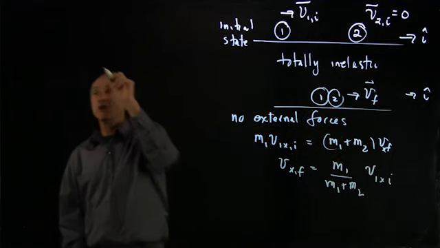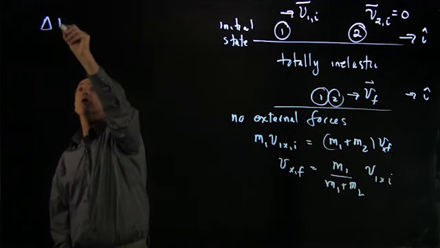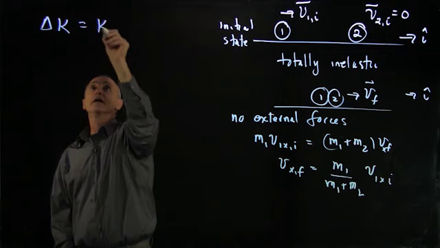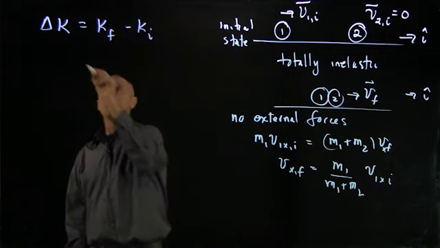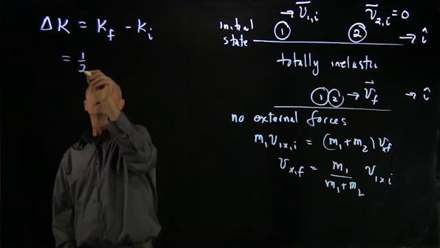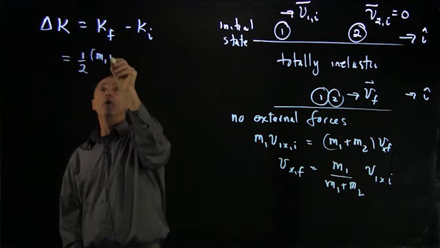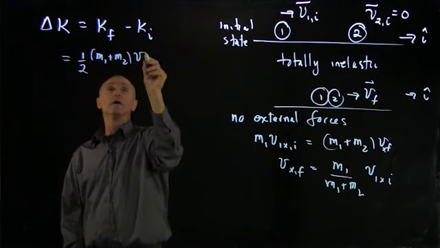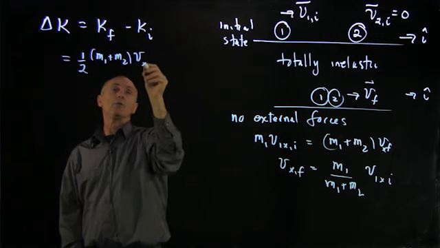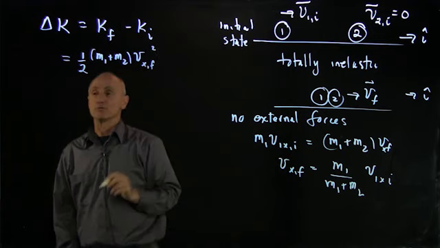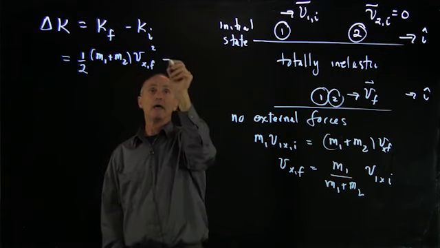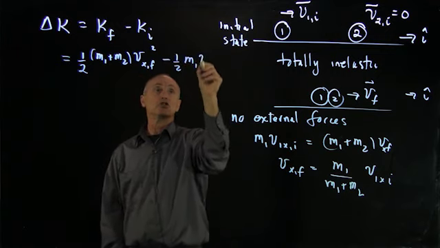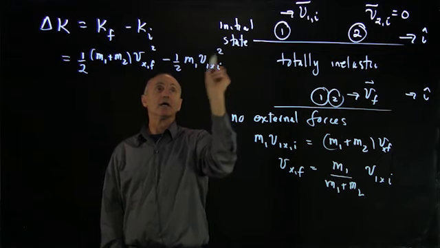And now let's ask ourselves, in a totally inelastic collision, what is the change in the kinetic energy? So our final kinetic energy is 1/2 m1 plus m2 v. Here we can again write it in terms of components, Vx final, because the component squared, that's no problem. And we just have this initial kinetic energy coming in.